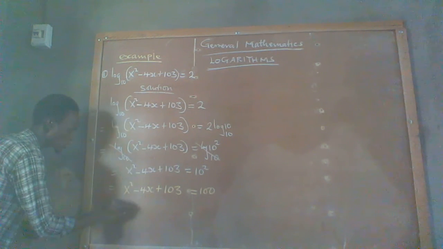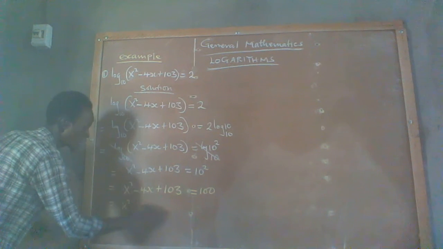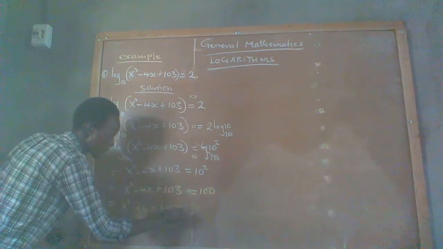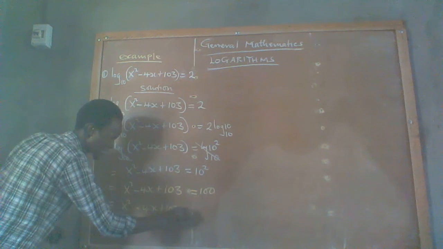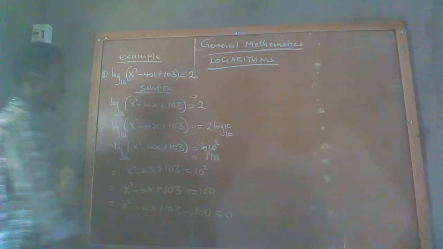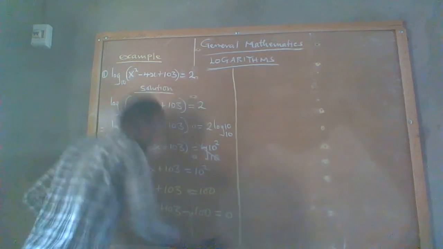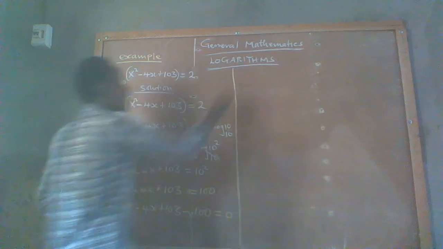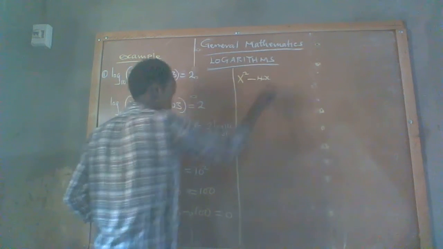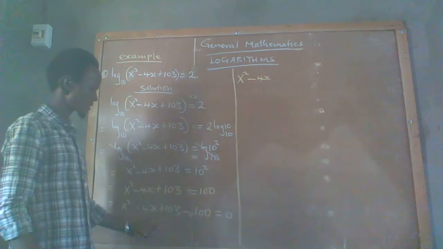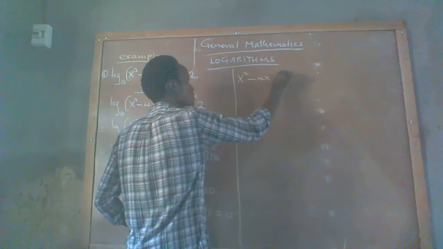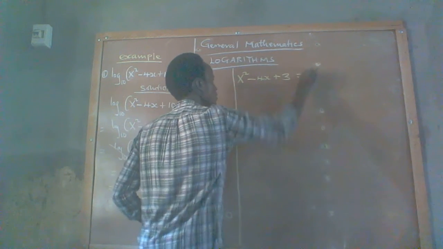So this is now x raised to the power 2 minus 4x plus 103. This is positive; when it transposes, it becomes negative 100, all equal to 0. Yes. So from this point, we proceed further. x square minus 4x. Now we subtract 103 minus 100, we have plus 3. It's now equal to 0.